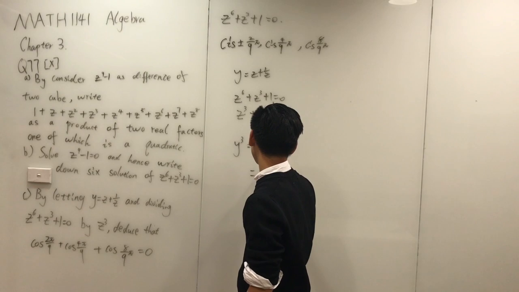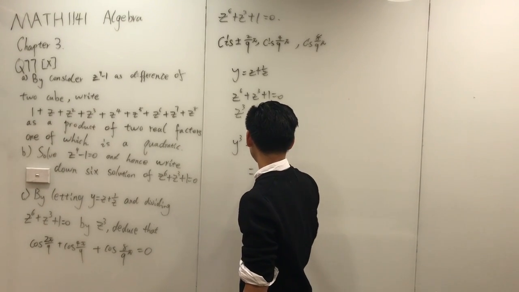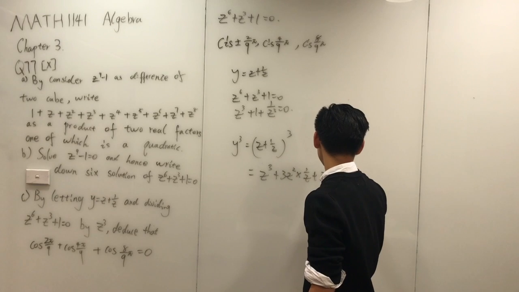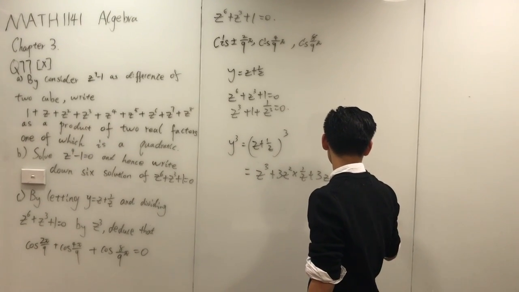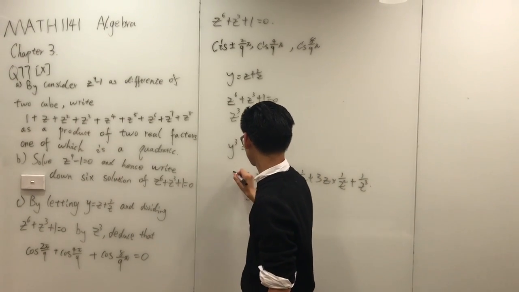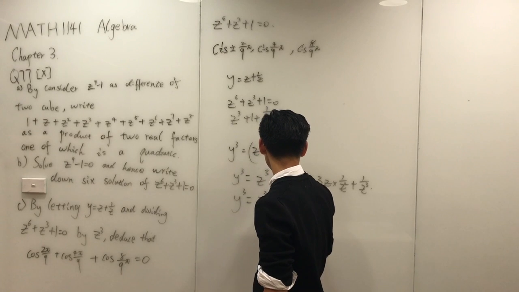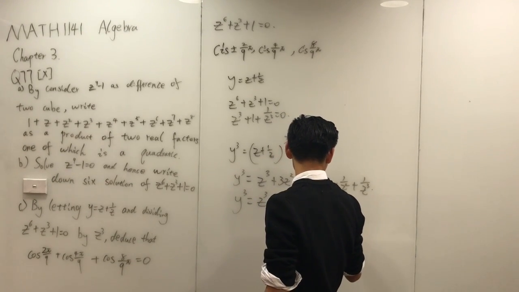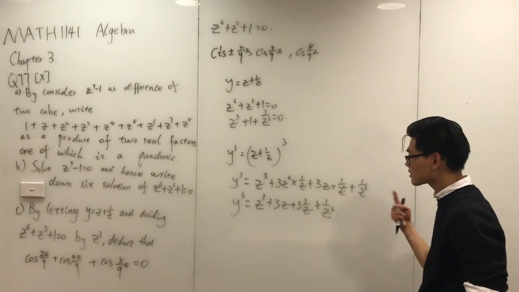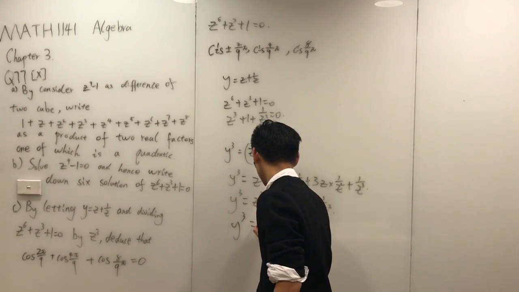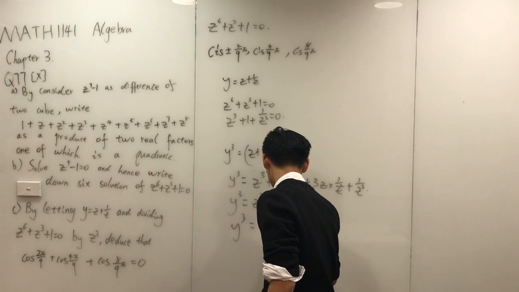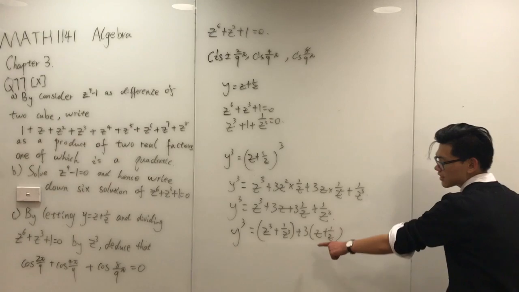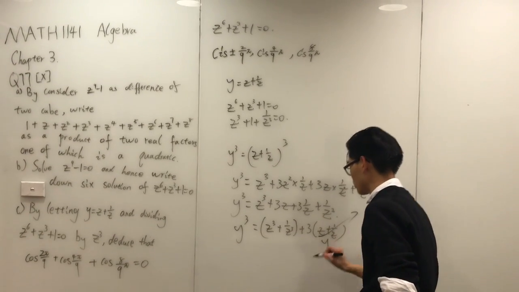So just expand and tidy it up. And we know z plus 1 over z is y.